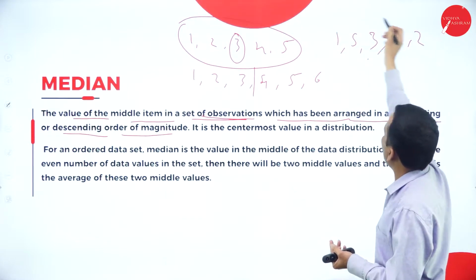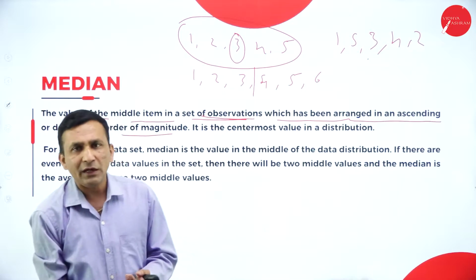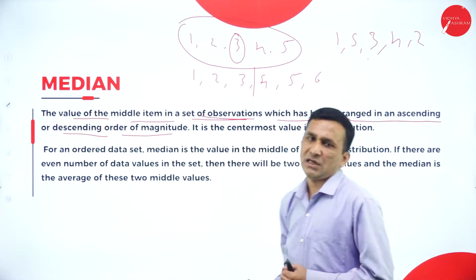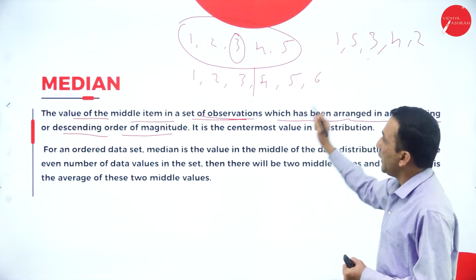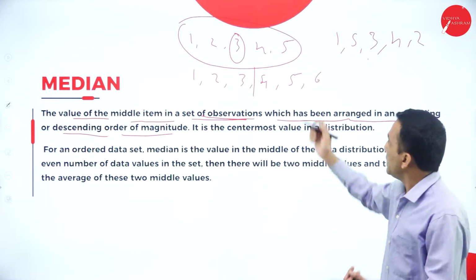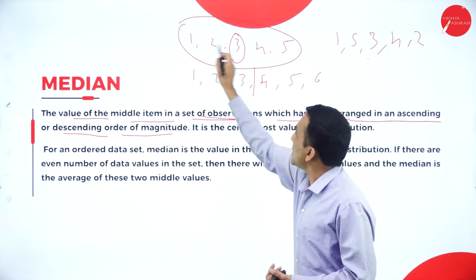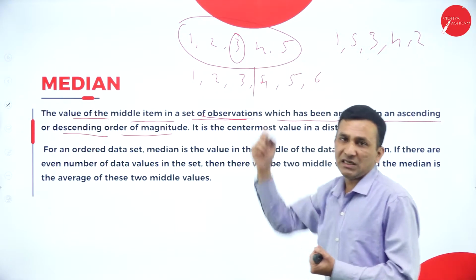Before finding the median we need to follow certain steps. The first one: the data whatever is given, we need to arrange in ascending order or descending order. Descending order means instead of writing 1 first, I am writing 5, 4, 3, 2, 1.